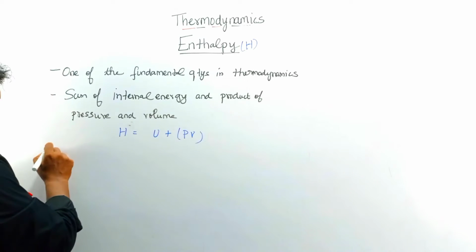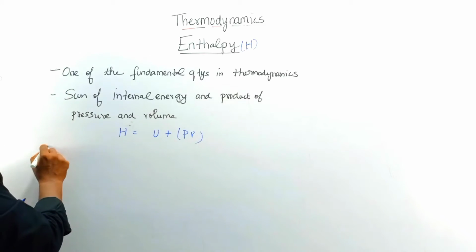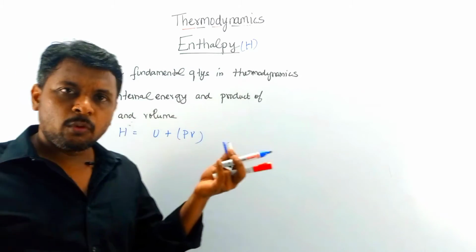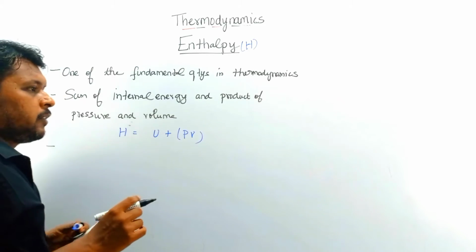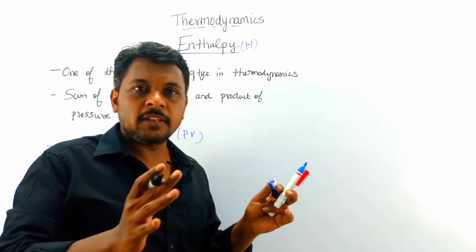Now, this enthalpy is common for both. It can be applied for both flow process and non-flow process. A flow process is one in which the system is considered as open.